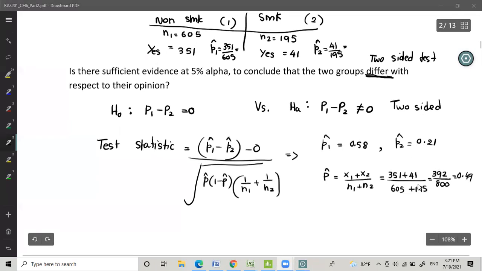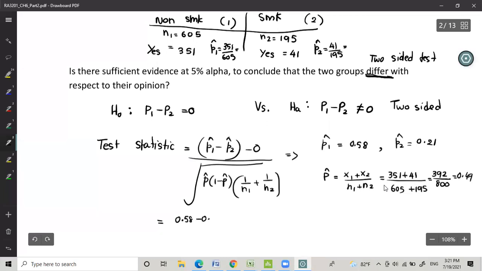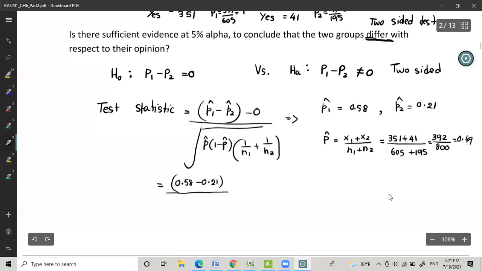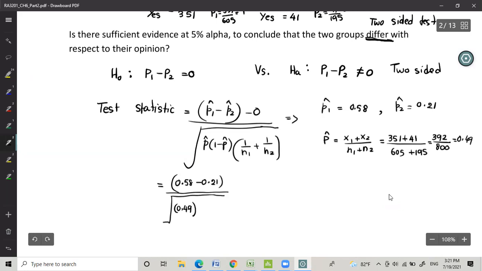Right, so we have everything we need now. Shall we find the test statistic? p1 hat is 0.58 minus 0.21 and minus 0, so you can omit writing it if you want. The square root is for everything. Okay, be careful, the square root is for everything. p hat is 0.49. 1 minus p hat is 1 minus 0.49, which is 0.51. 1 over, what is n1? 605 plus 1 over 195.